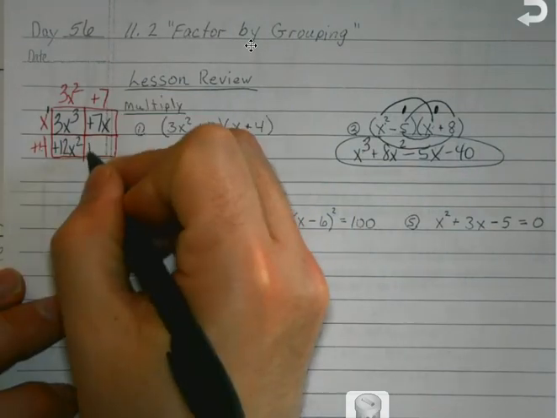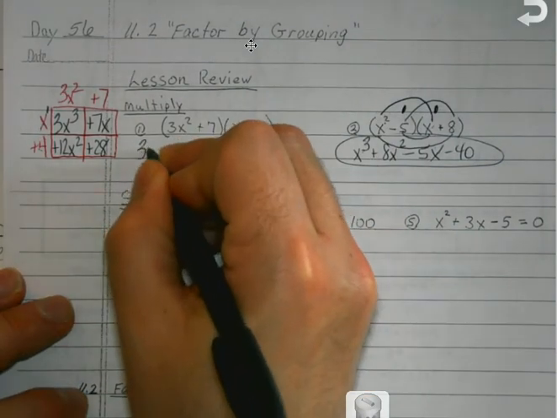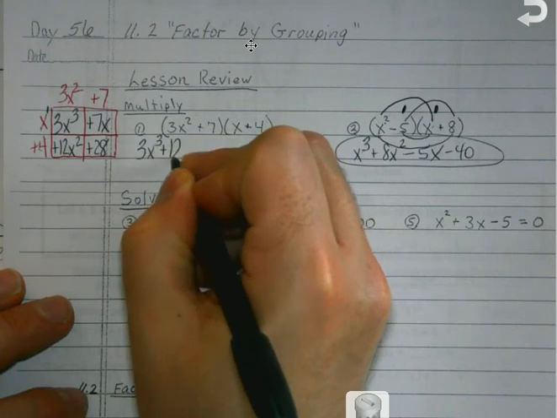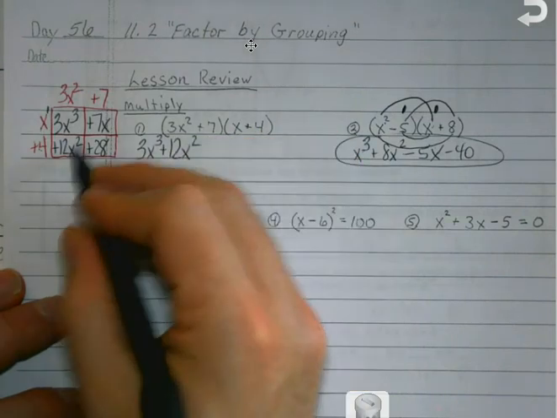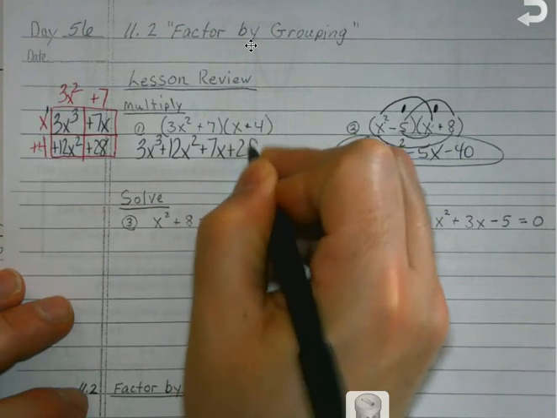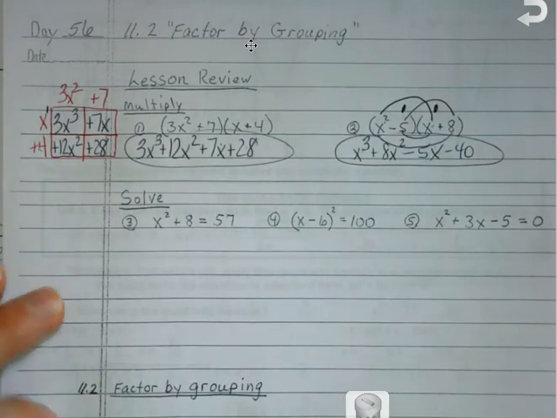And 7 times 4 is 28. Now, I can't just leave it in the box. I still have to write it out. But I just find the things, and I write it from the largest to the smallest exponent. I go in degree order. 3, 2, 1, none. And I'm set.